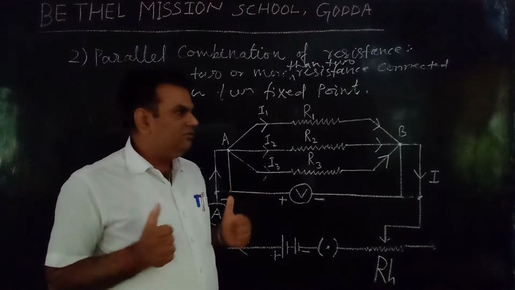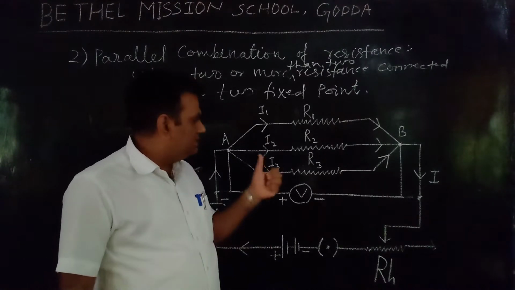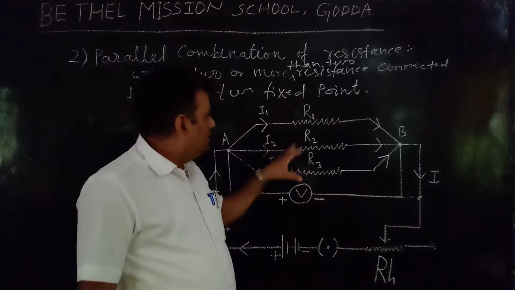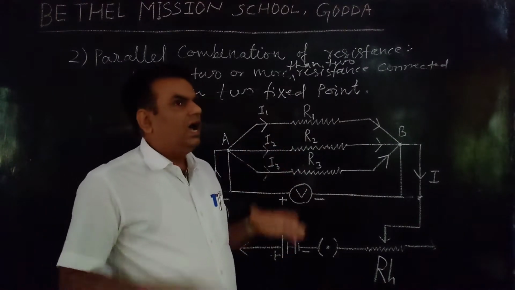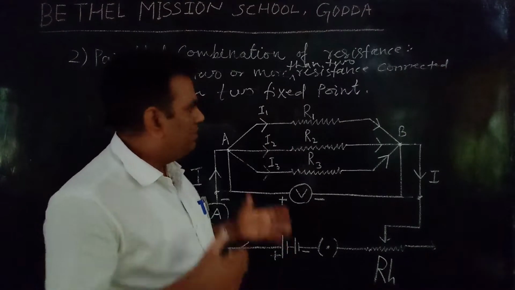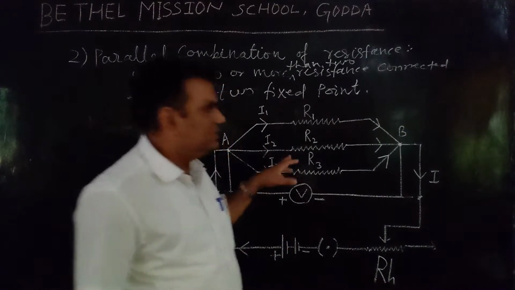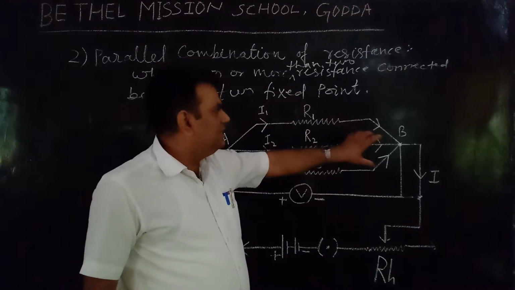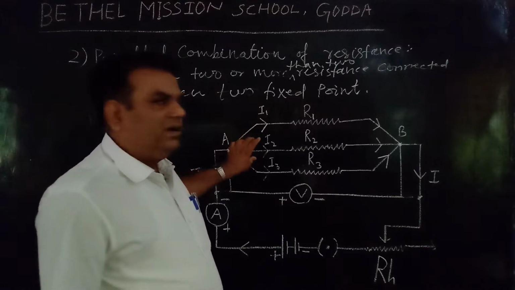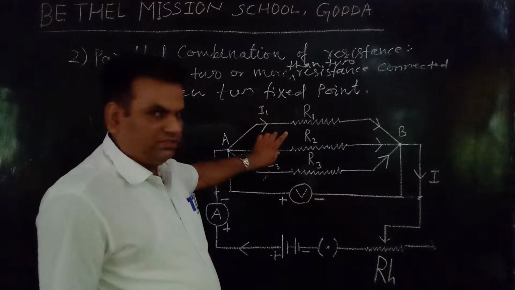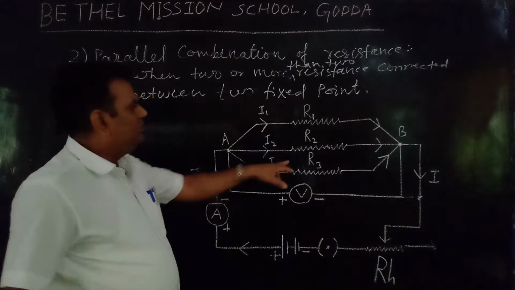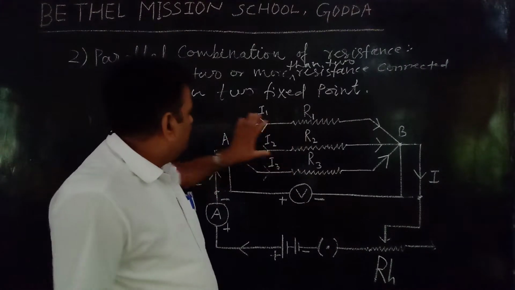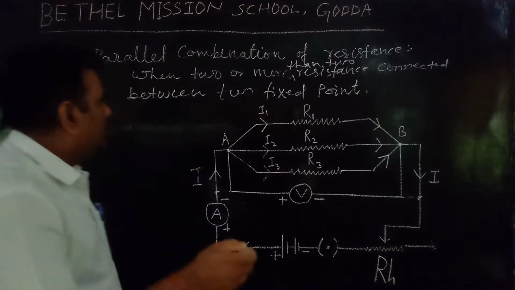What is the value of the equivalent resistance when three resistances are combined in parallel? Our household electric wiring is always in parallel combination. We will see later on the advantages of the parallel combination. Now we will explain the expressions for the parallel combination.